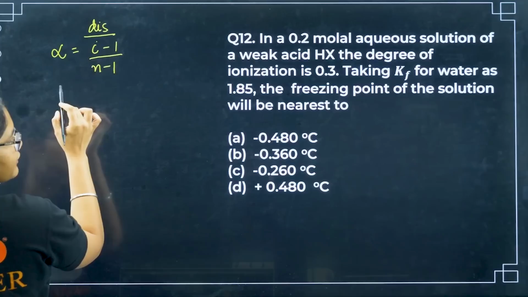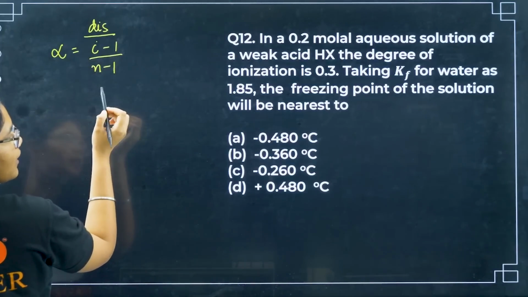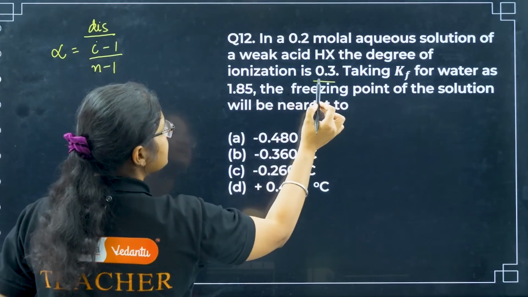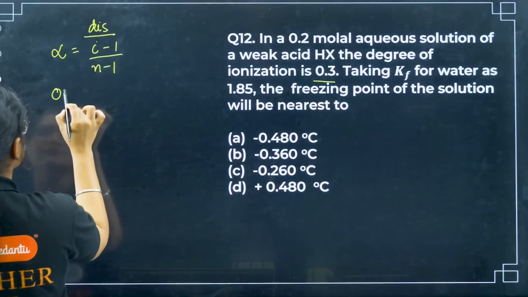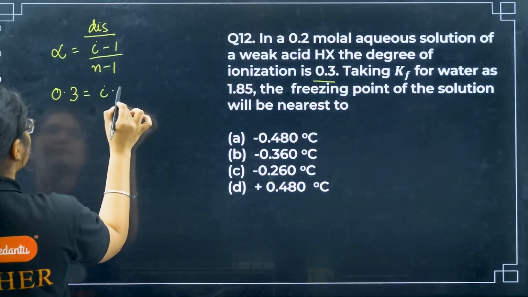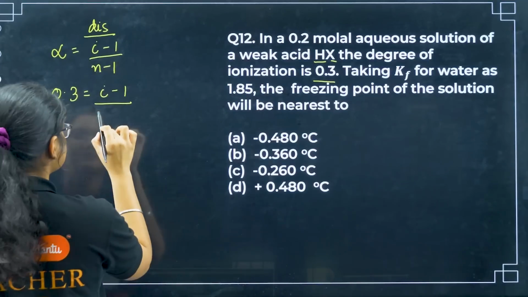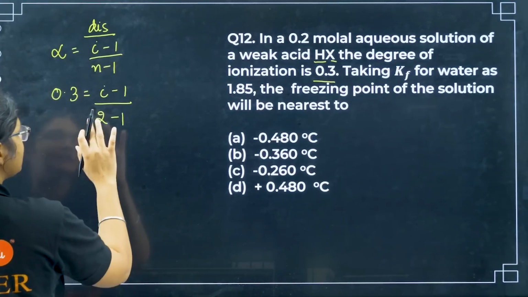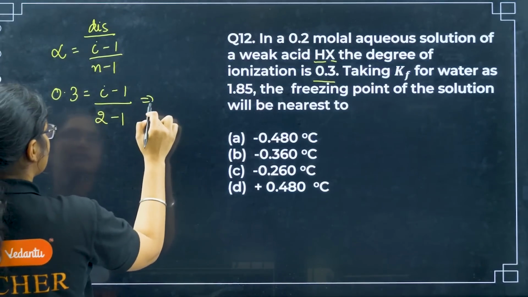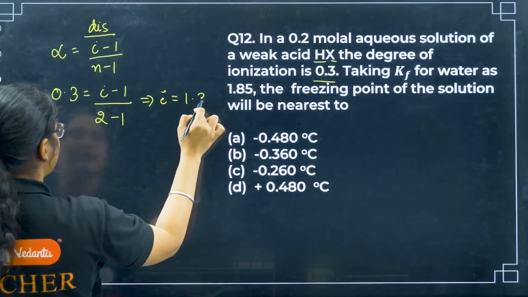Alpha value is given to me as 0.3. So 0.3 is equal to i minus 1 by n minus 1. If HX dissociates, we'll get 2 ions, so 2 minus 1 is 1. So I will get the i value as 1.3.